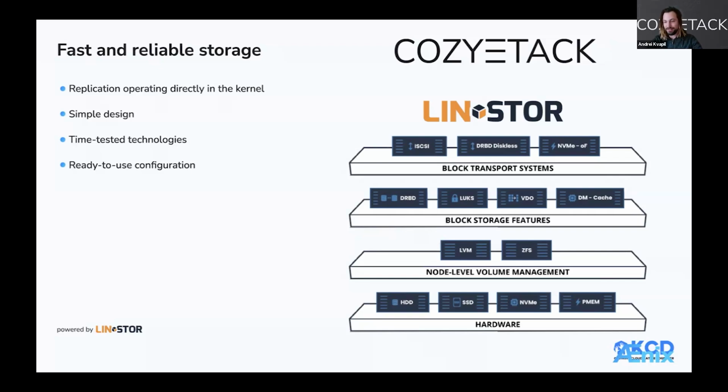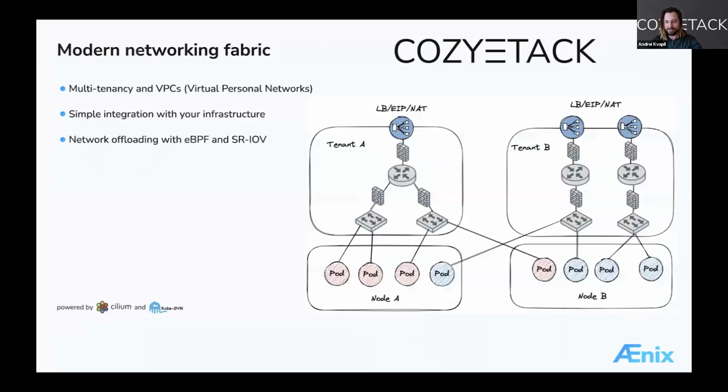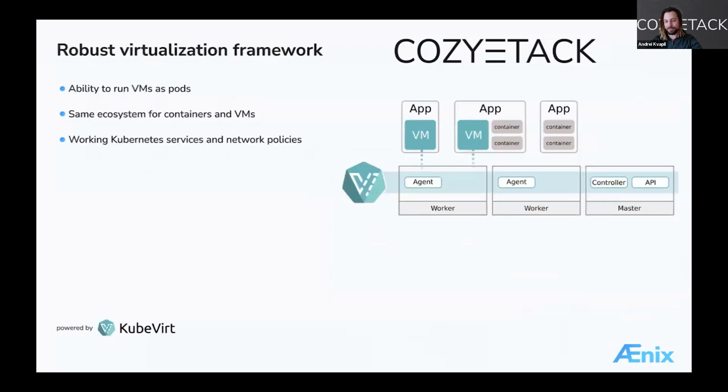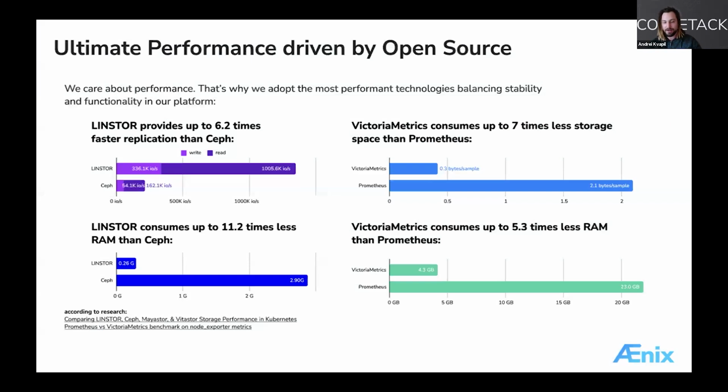So we use LINSTOR in 2 ways: for provisioning local volumes without DRBD replication and to provision replicated volumes for user data. This way, we also deliver the network fabric based on OVN and Cilium. This is the main technology for virtualization and running virtual machines in Kubernetes. Same way, the monitoring stack and of course, virtualization.